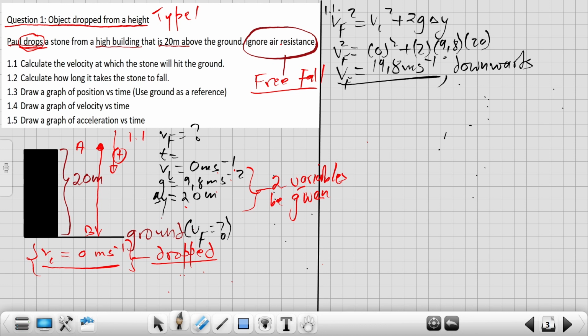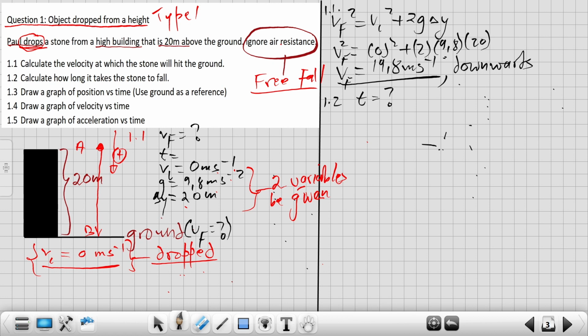So we move further on and say, calculate how long it takes the stone to fall. So they want us to calculate the total time there. So at 1.2, the question is basically t. How can I calculate for my t?